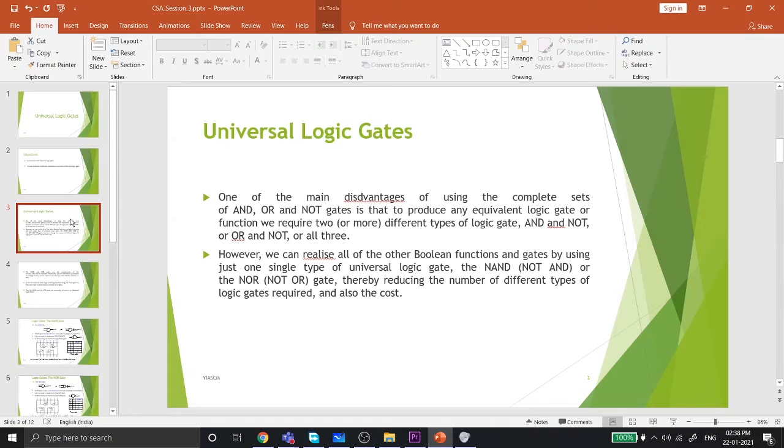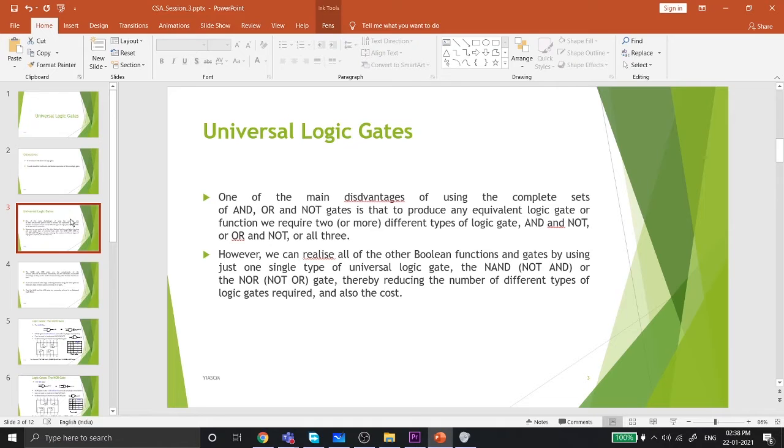And to make different types of logic gates we need different types of semiconductors. When we are making a big processor or a microchip, we need different logic operations: AND, OR, NOT, NOR, XOR, XNOR. When we are using the actual AND, OR, NOT and different types of logic gates, we are using different types of materials, and it gets complicated to manufacture.